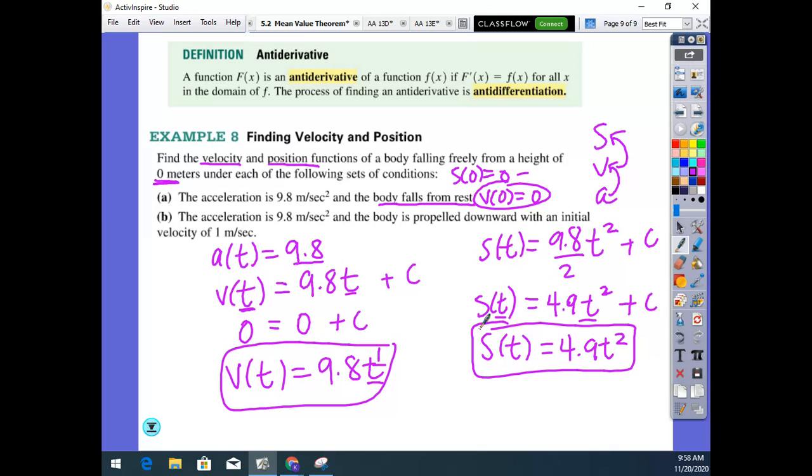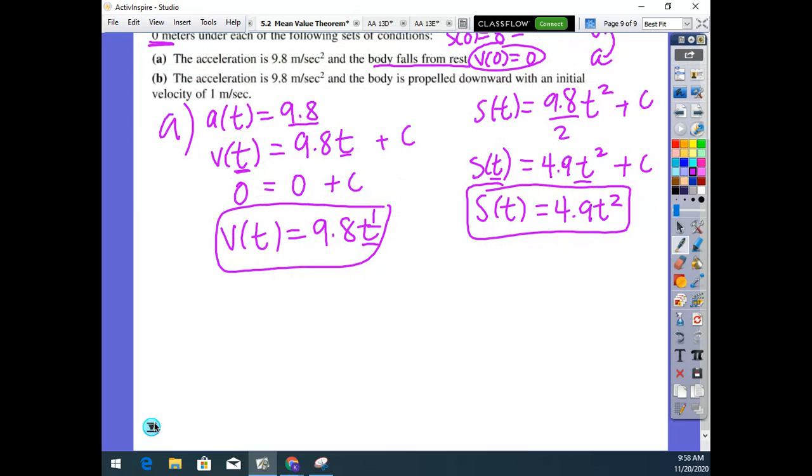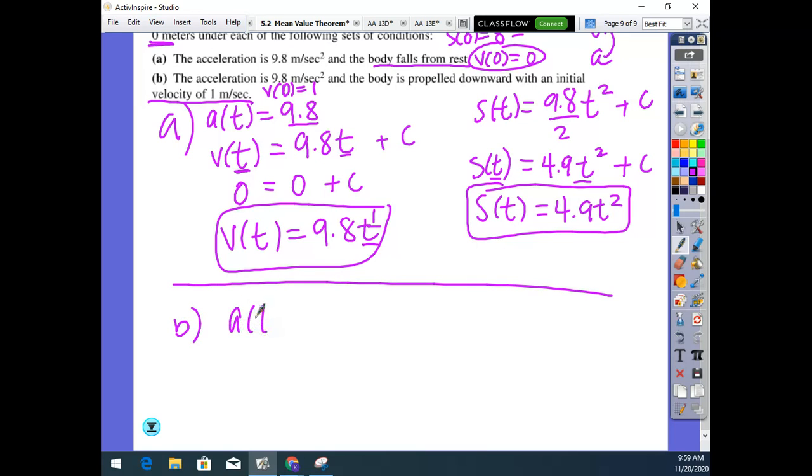All right. Now, letter B, this is all letter A, sorry to tell you. Letter B said, what if we start with a velocity of 1? What if v of 0 actually is 1? How does that change my equation? All right, so we're still starting with a of t equals 9.8. Then my v of t, my velocity going backwards, the antiderivative of a constant, we just need to tack on our variable because the derivative of 9.8t is 9.8.